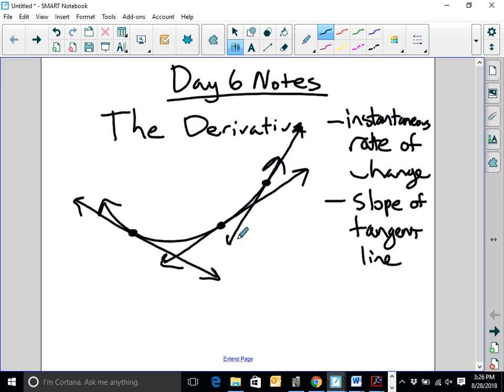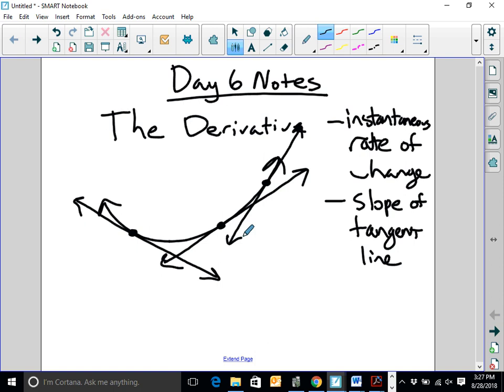Okay, so I drew 3 different, my best approximation of tangent lines to that original curve. In the future, I'll use different colors so you can tell them apart a little bit better.